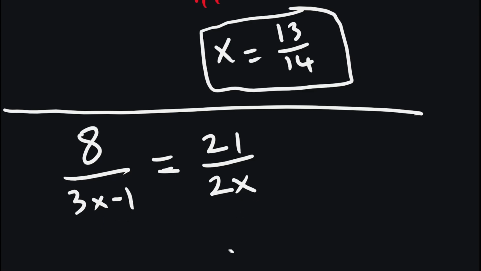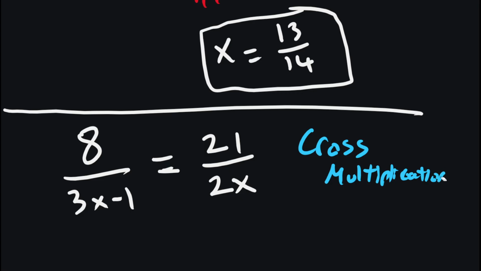Whenever you come across a situation like this, where it is a fraction equal to a fraction, you can use a little trick called cross multiplication.